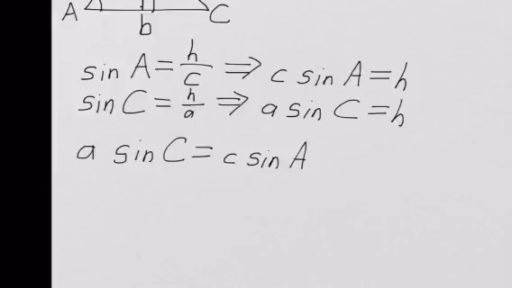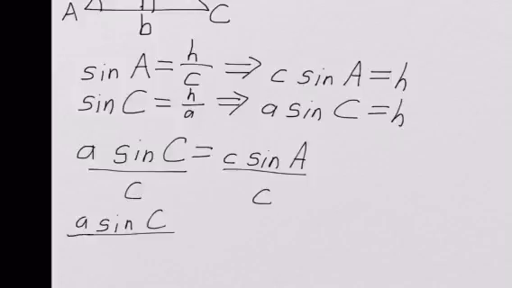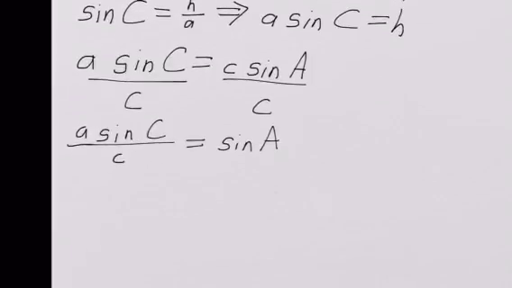Now this is a form of the law of sines, but this is not normally how you see it written. I'm going to go ahead and divide both sides of this by c. So we're going to get a sine C over c is equal to sine of A. And now I'll go ahead and divide both sides by a.